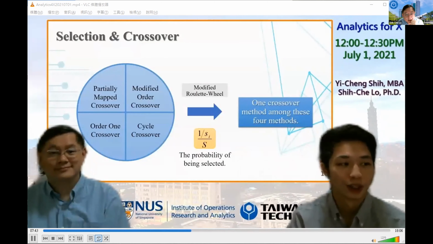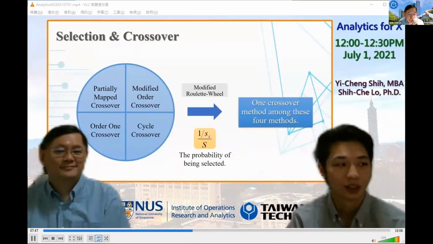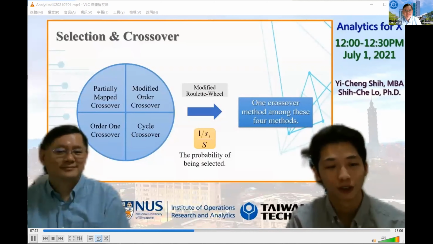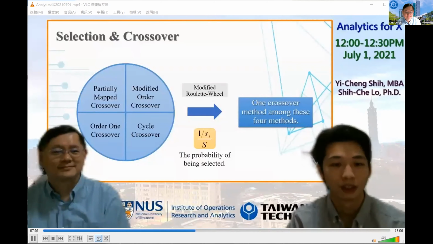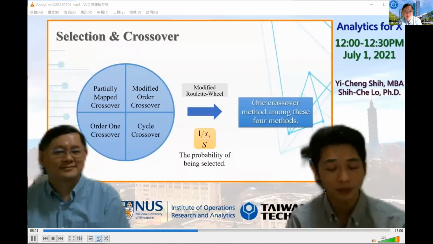In our research, we develop a new crossover process, and we introduce 4 different kinds of crossover method, and the probability of being selected is related to the offspring's fitness value produced by the method.